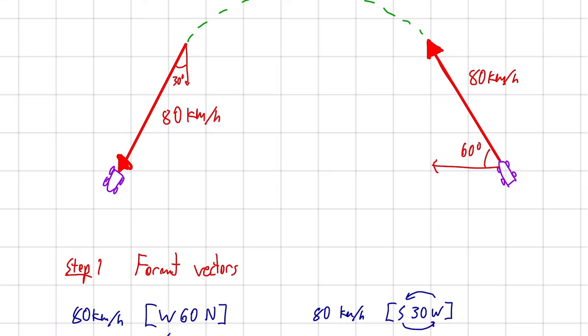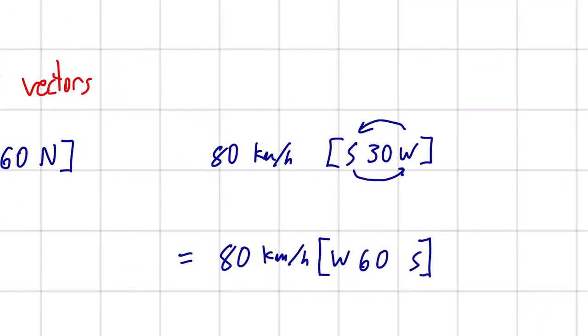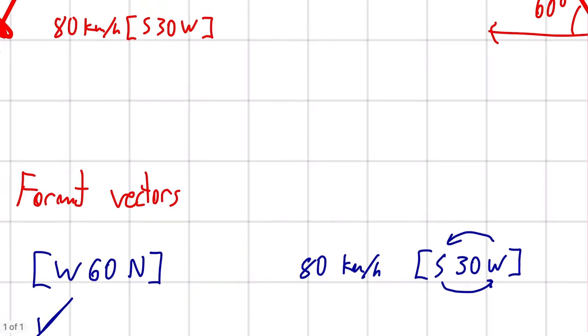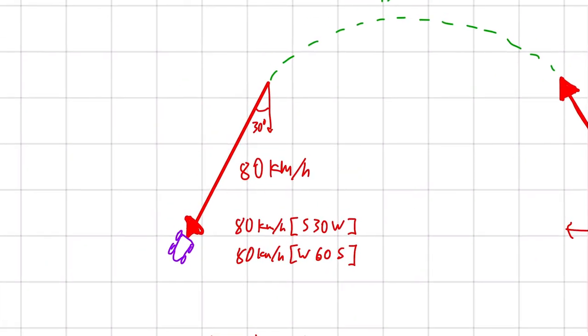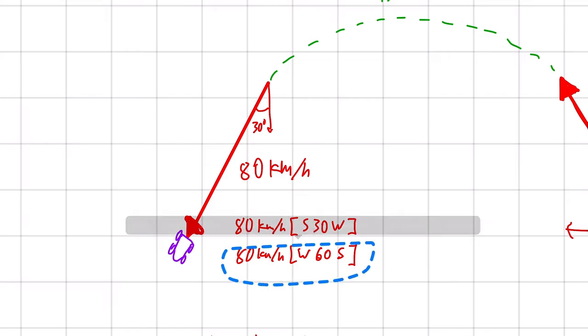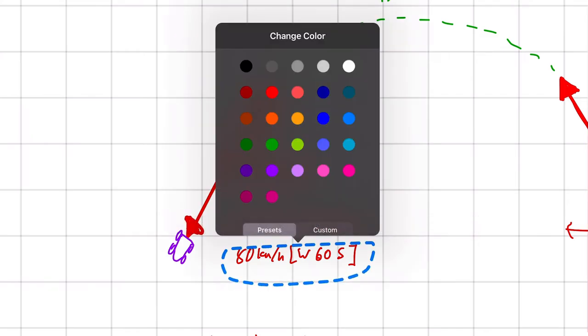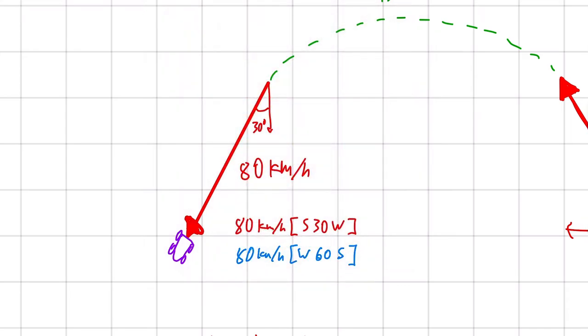And to do this, I want to show you this vector here. Remember, this was 80 kilometers per hour, south 30 west. And we have a new vector here. Remember, this is equivalent, but I just want to show you, with 80 kilometers per hour of west 60 south. So if we were drawing our vector west 60 south, I want to do this in a different color. How about in this blue here.